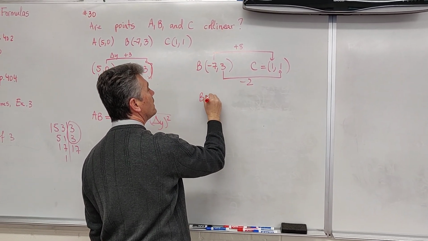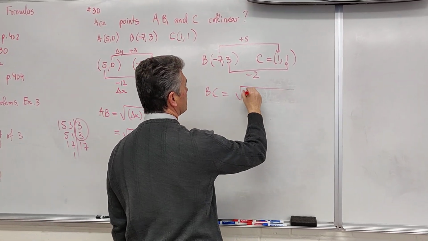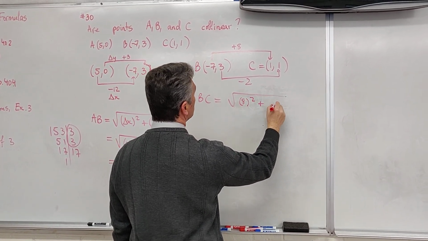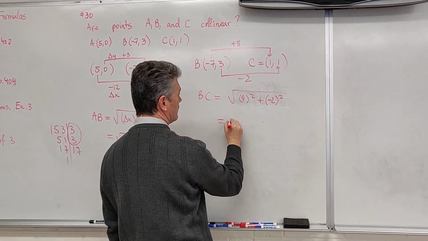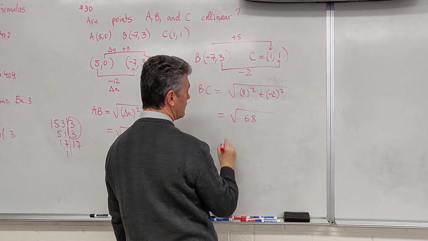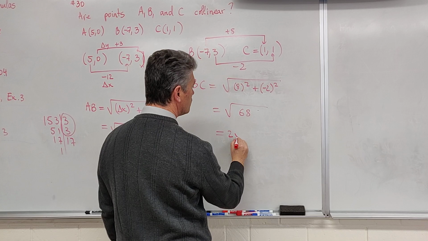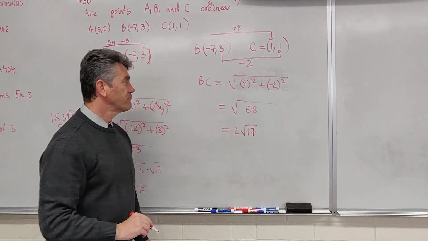The distance from B to C is the square root of the change in X squared, so 8 squared plus negative 2 squared. It is equal to the square root of 68. This 68 is 2 square root of 17. So I skipped the work for it.